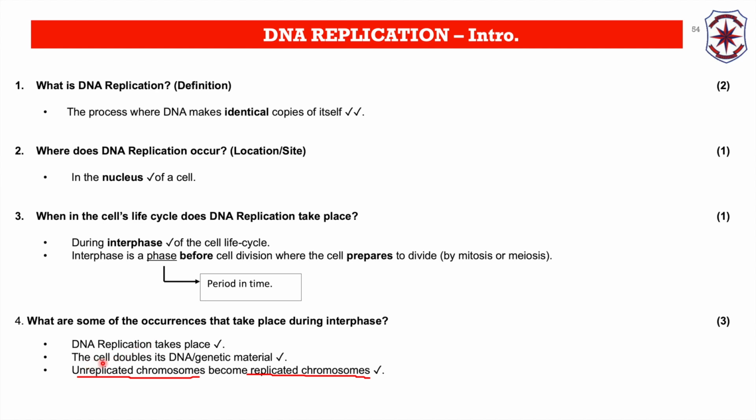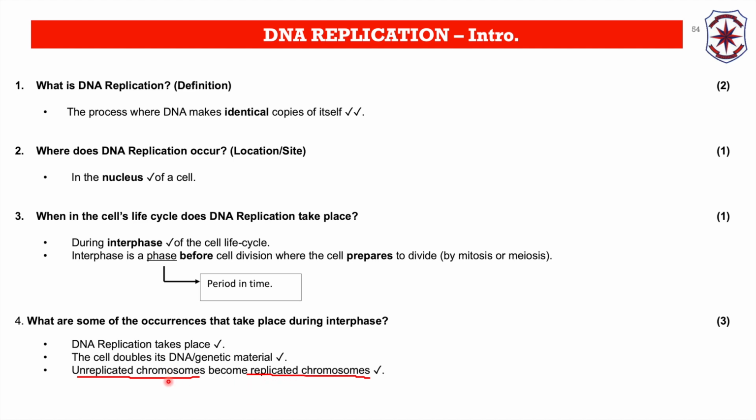And the cell's genetic material or the cell's DNA is doubled. Remember, a chromosome is essentially DNA that is wrapped around histone proteins. So unreplicated chromosomes will become replicated.